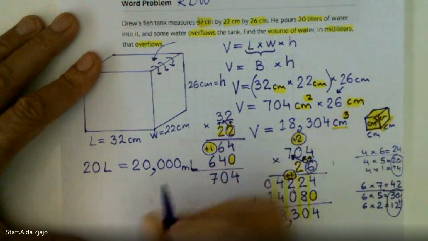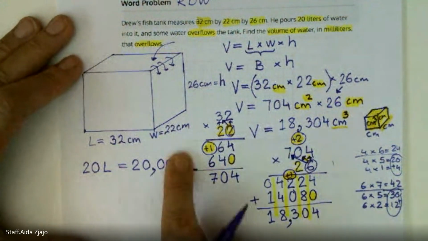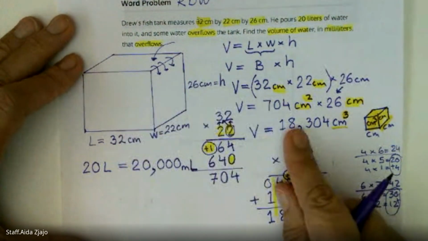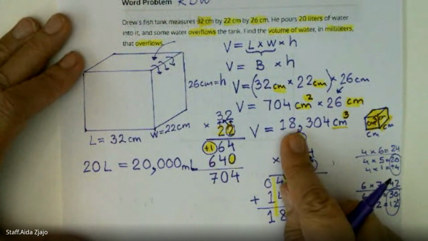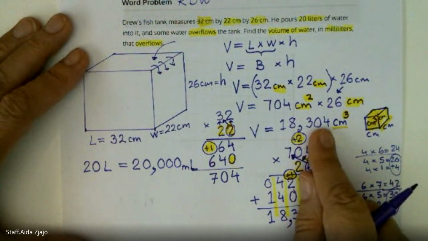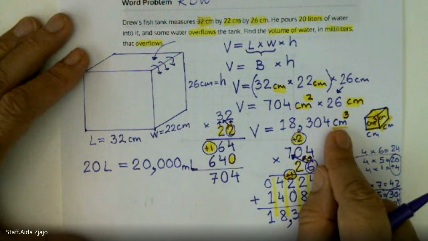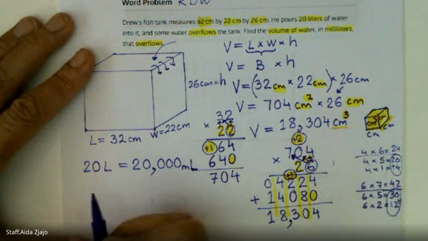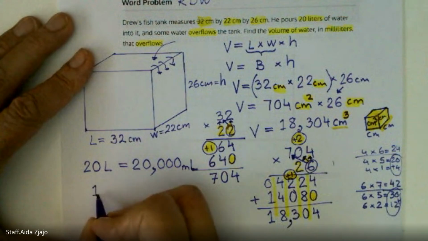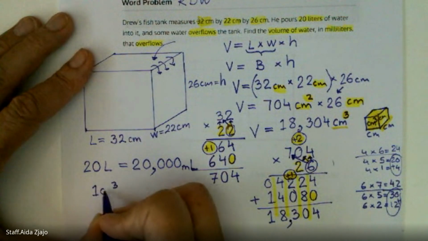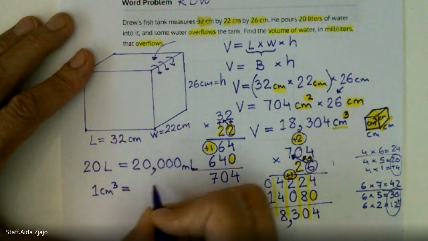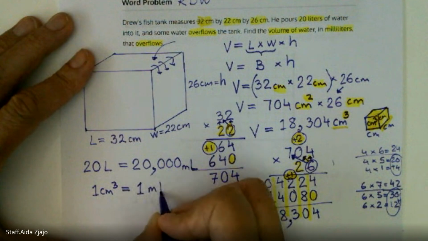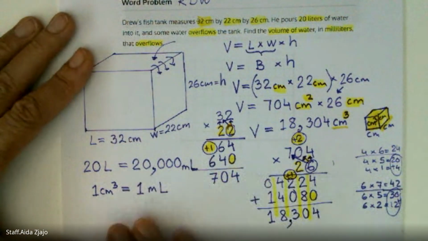So he poured inside 20,000 milliliters, but it only can fit 18,304 cubic centimeters. Another piece of information to know is that 1 cubic centimeter is equal to 1 milliliter. So that's kind of additional information.